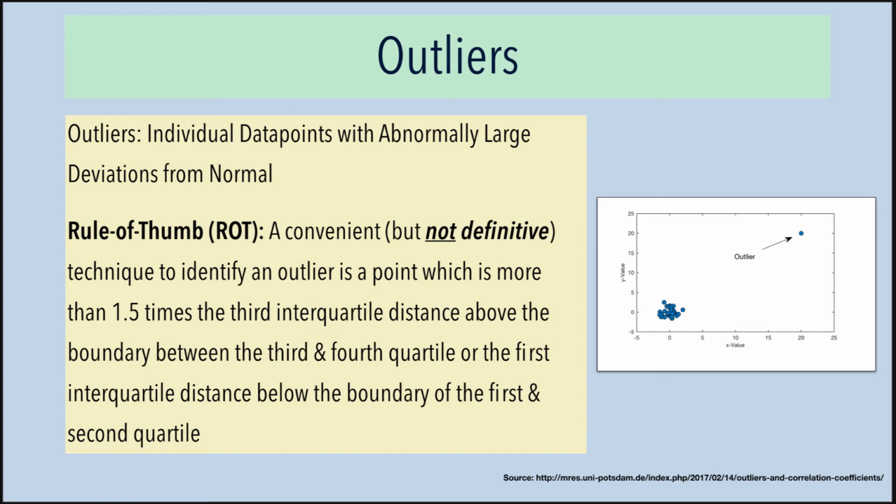How do we define an outlier? Here is a rule of thumb. It is not definitive. It's convenient. And by the way, recall that the acronym for rule of thumb is ROT.